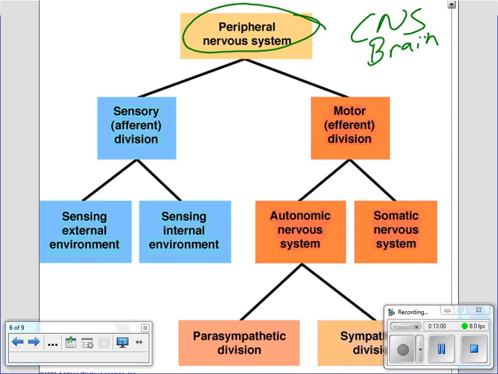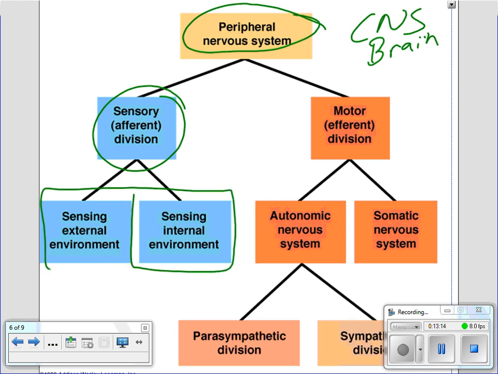You have two parts of that peripheral nervous system, one being the sensory part, where you're actually sensing things on the outside in the world and things on the inside in your body that you can actually control. That's part of the sensory division of your peripheral nervous system.